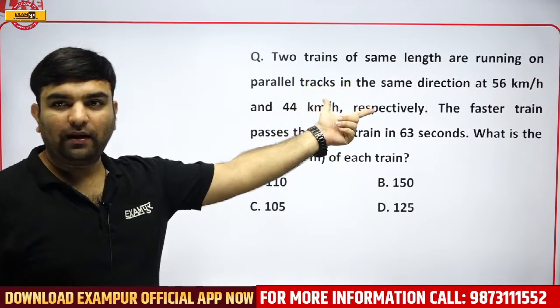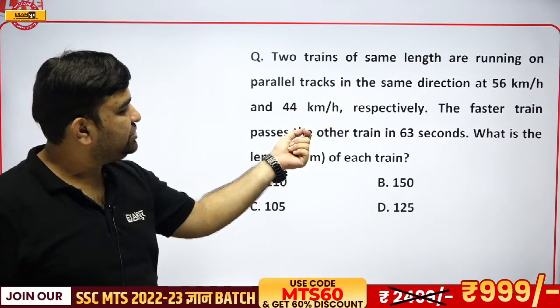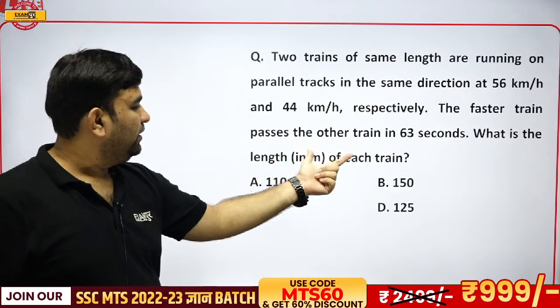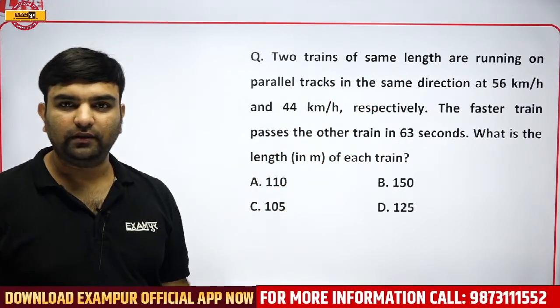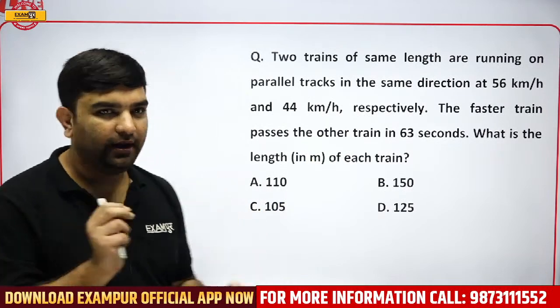Two trains of the same length are running in the parallel direction, with speeds 56 and 44. The faster train passes the other train.